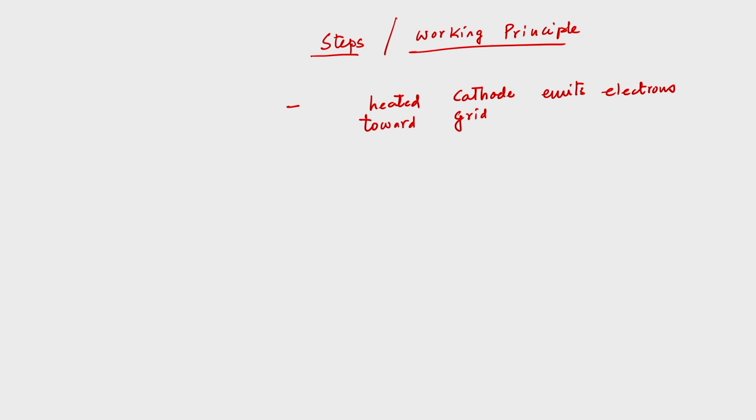Now if the electrons are emitted by the heated cathode towards the grid, then what will happen?